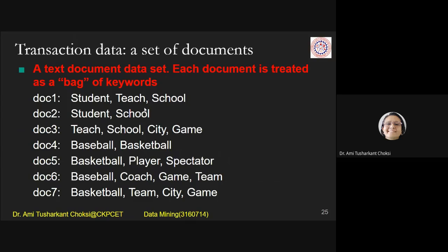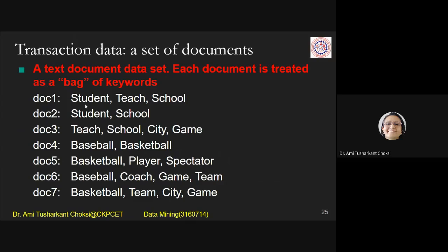You can have teach for teaching, and teacher can also be there. What we have in these documents, see, is not the corpus with the set of all the keywords. We are saying that these are the keywords which are available in this particular document.